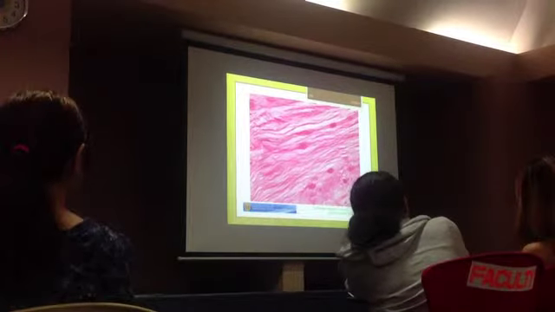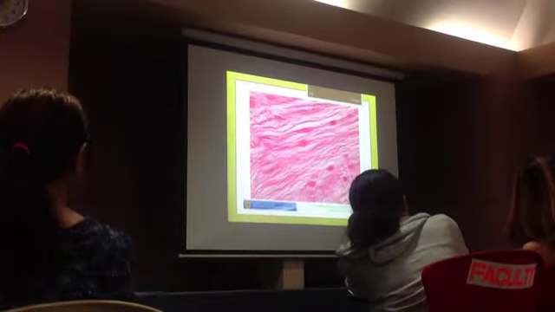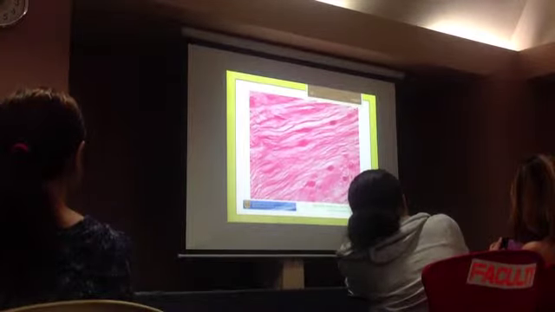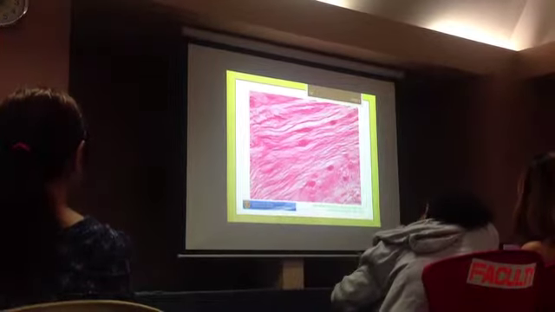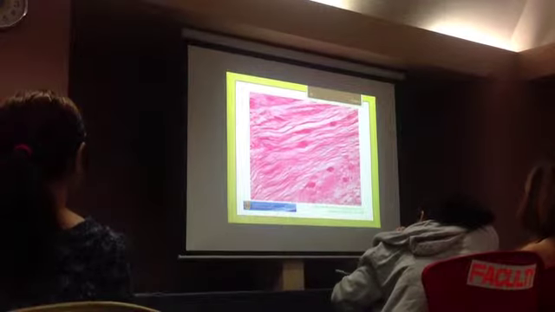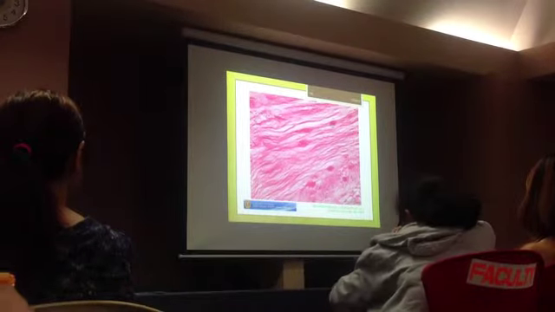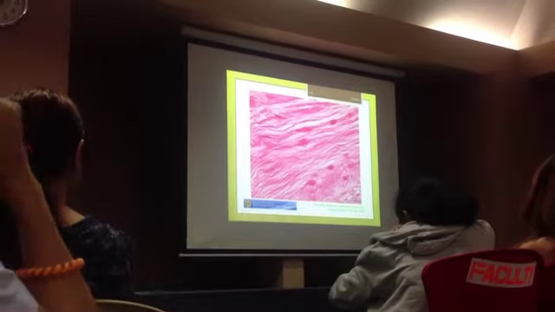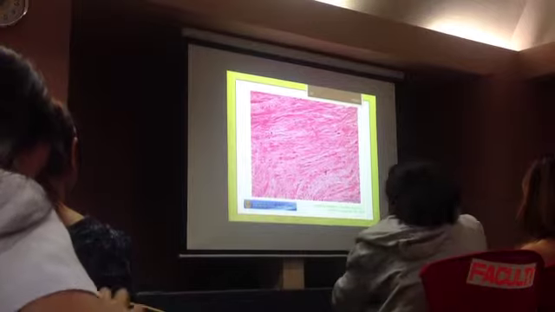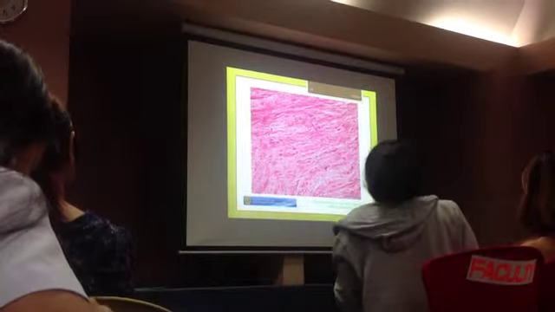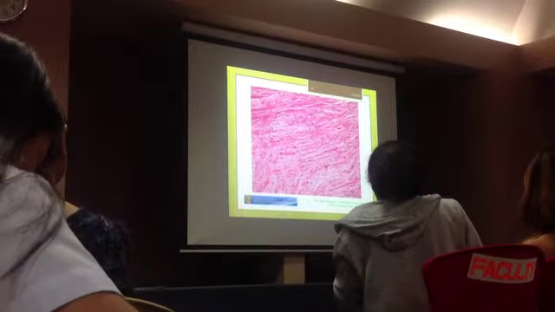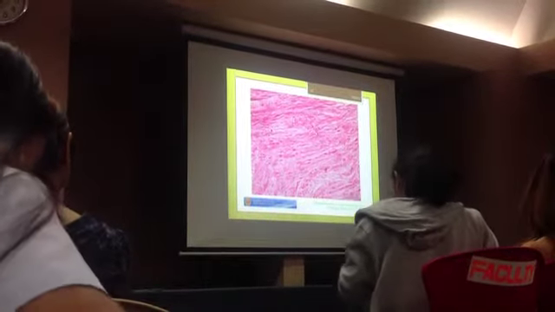Fibrocartilage, or fibrous cartilage. These are chondrocytes. In fibrocartilage, the chondrocytes are arranged in rows, in lines. And of course, this is fibrocartilage.